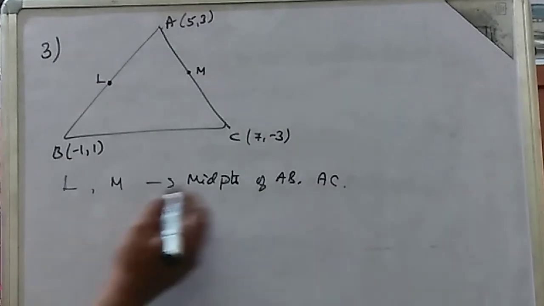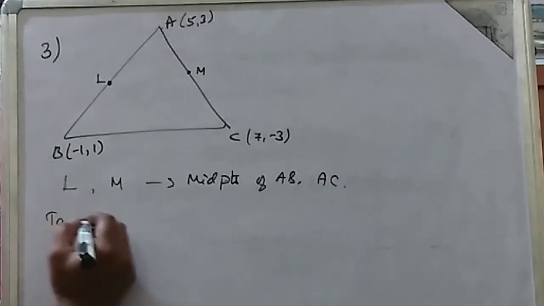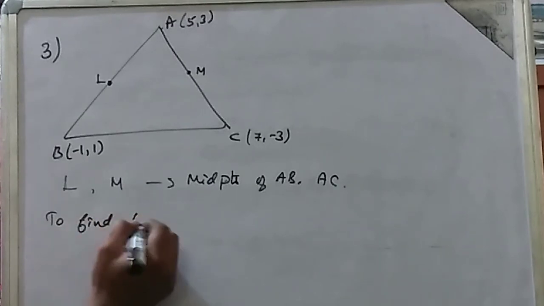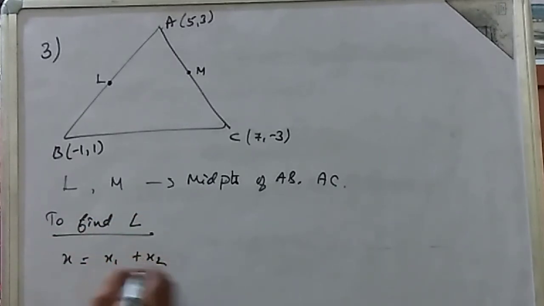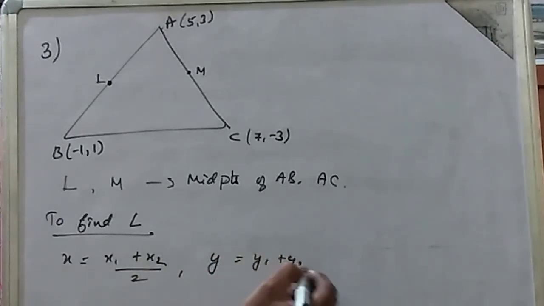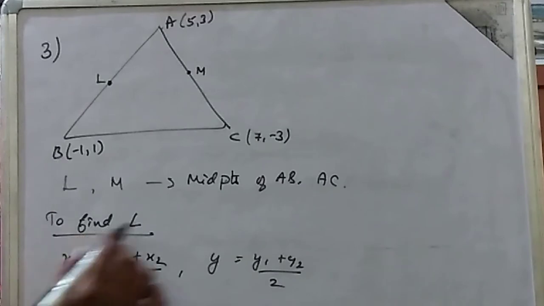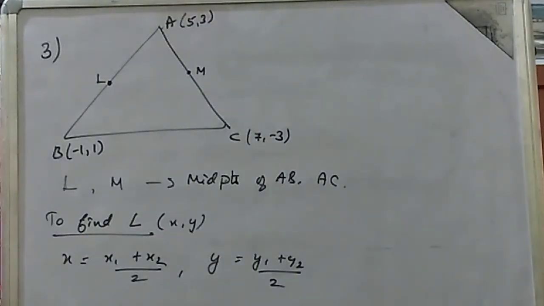Okay, midpoint of AB and AC. So first we take L. To find L, x is equal to (x1 + x2)/2 and y is equal to (y1 + y2)/2.